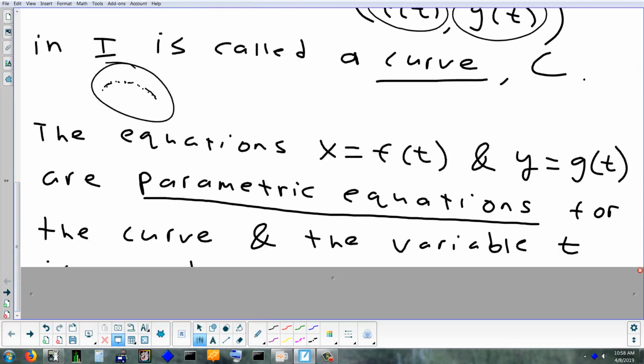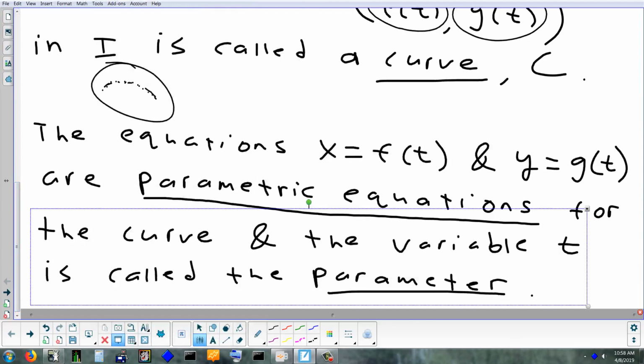So those two equations are called parametric equations for the picture that you drew. And t, they don't really call it a variable. They give it a different name. They call it a parameter. You can think of parameter as meaning the same thing as a variable, really.